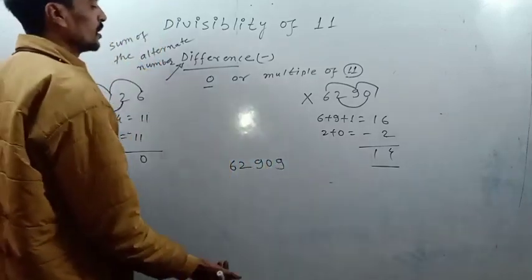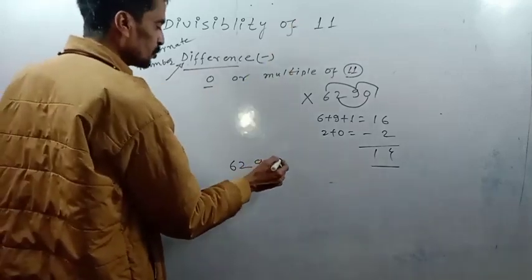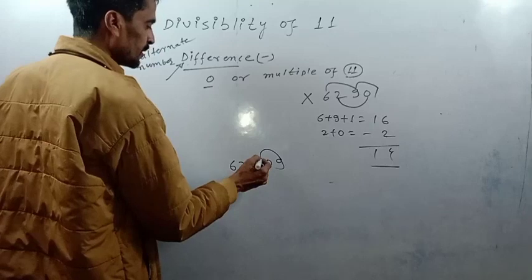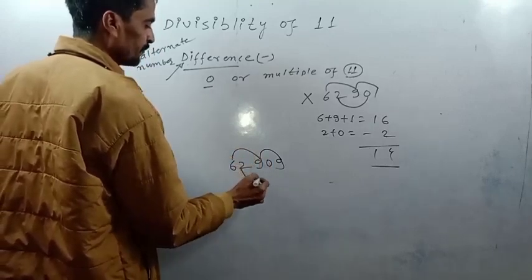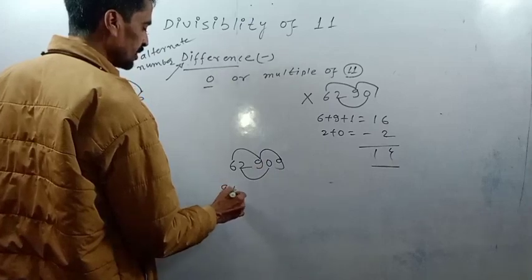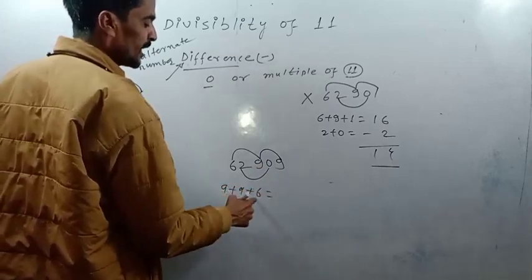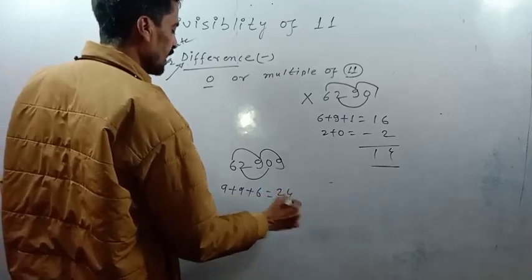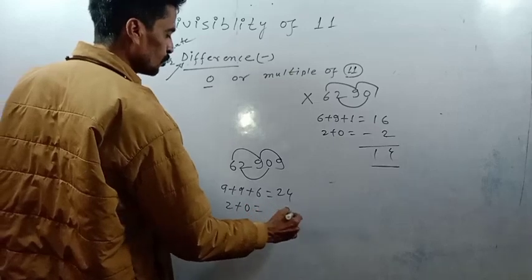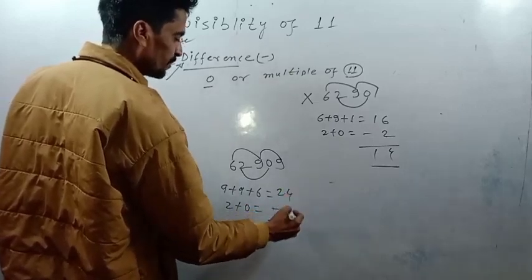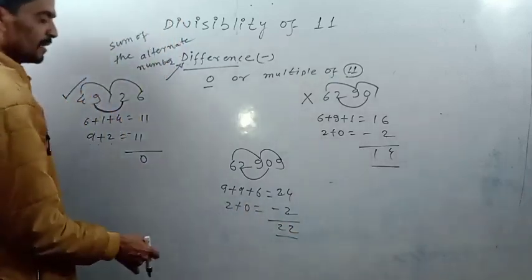Now let us check the divisibility of 11 for this number. First of all, do the alternate sum. 9 pairs with 9, 9 pairs with 6, and 2 pairs with 0. 9 plus 9 is 18 and 6 is 24, and 2 plus 0 equals 2. Now you do the subtraction: 24 minus 2 is 22.